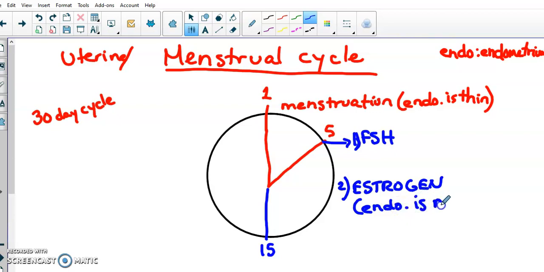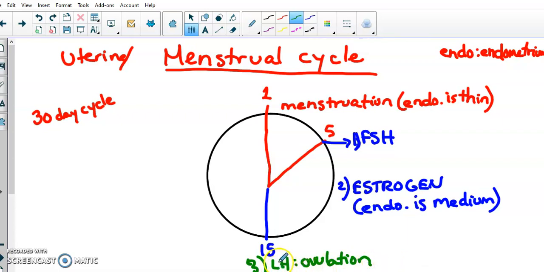Let's call it medium, getting thicker and thicker. On the 15th day, as you know, we have the third hormone, LH, which is where the ovulation occurs, ovulation.